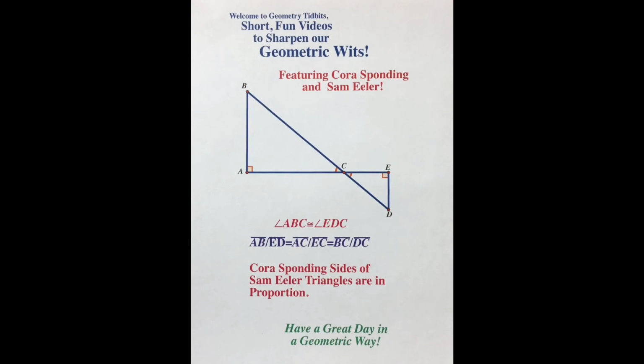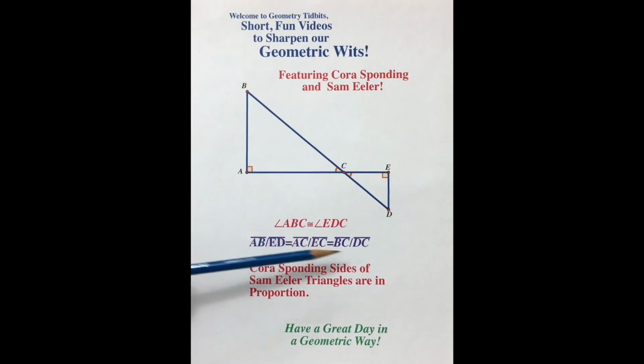That allows us to say that side AB on this bigger triangle divided by ED will equal AC, this leg here, divided by EC, the corresponding leg on the smaller triangle, and BC, the hypotenuse on the bigger triangle, divided by DC.